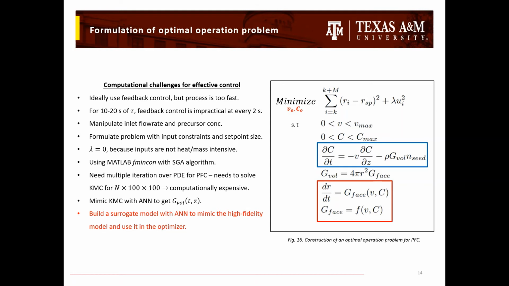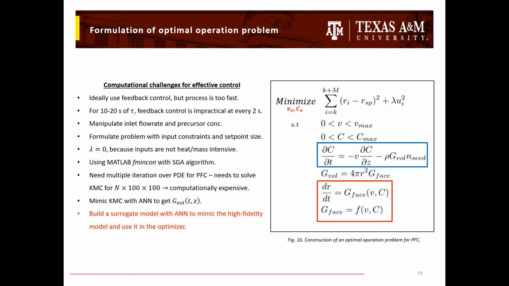What the optimization intends to find is the inlet flow rate velocity and the inlet concentration for a given set point. However, it's important to notice that in order to do that, the optimizer needs to find the solution and describe the crystallization in the plug flow crystallizer, which is defined by this equation here.